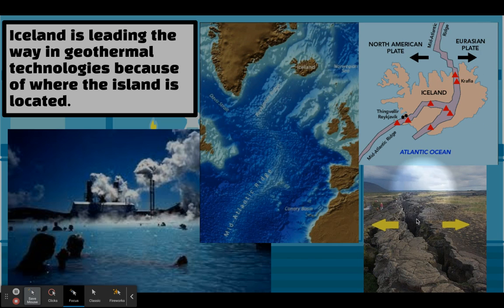And so as they separate, literally, the earth is cracking open, the crust is cracking open, and that magma down below in the earth's mantle is moving up closer. So they have tons of volcanoes on this fault line, as you can see, these little triangles represent the volcanoes. So they have a bunch of different areas where they can capitalize and use some of this geothermal energy that's coming out from inside of the earth.